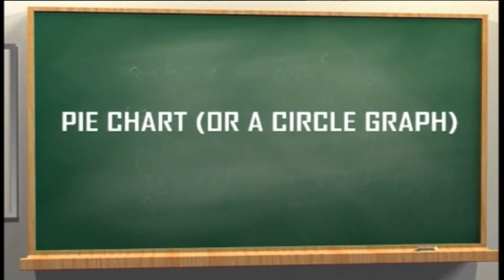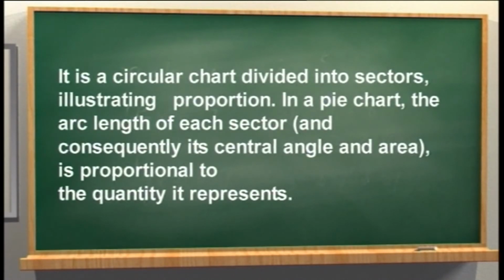A pie chart or a circle graph is a circular chart divided into sectors, illustrating proportion. In a pie chart, the arc length of each sector, and consequently its central angle and area, is proportional to the quantity it represents.